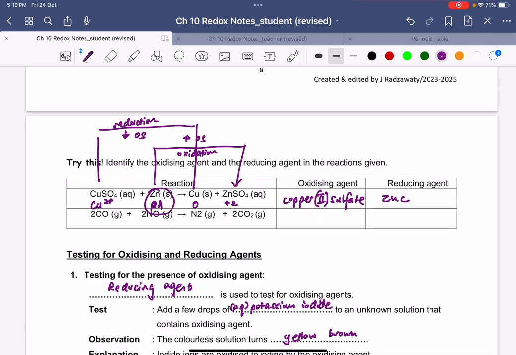I hope this clarifies. Another example is my nitrogen. In this case, nitrogen oxide to nitrogen. This is a 2 plus. This one is a 0.